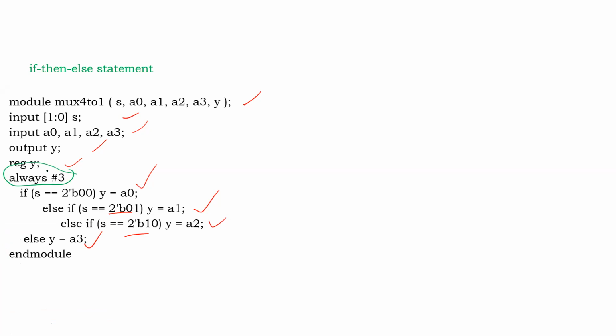I don't know the units. Whatever units you write on the top of the design module, it will take automatically. This may be nanoseconds, picoseconds, microseconds or milliseconds. Whatever units are specified, that amount of delay is introduced here, so the constant integer value is 3 units.